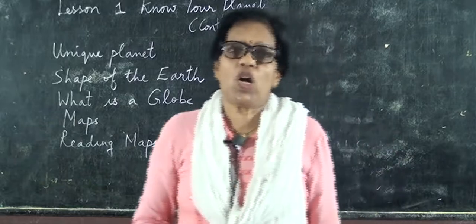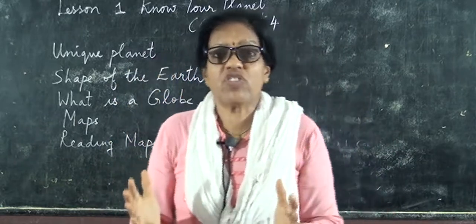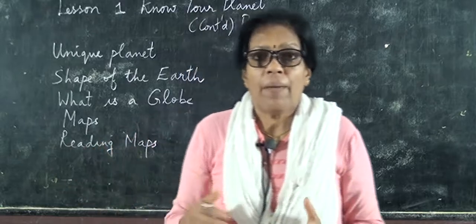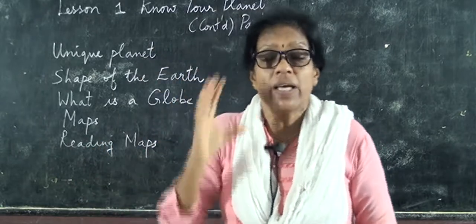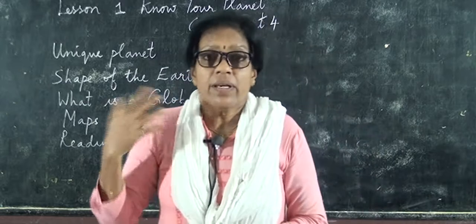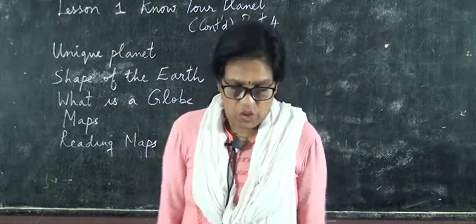So political you all know, that shows countries, continents, then cities and all. Physical map shows the physical features: mountains, rivers, plains, plateaus and all. So there are different types of maps, you all know that.